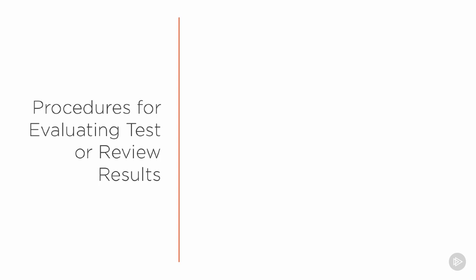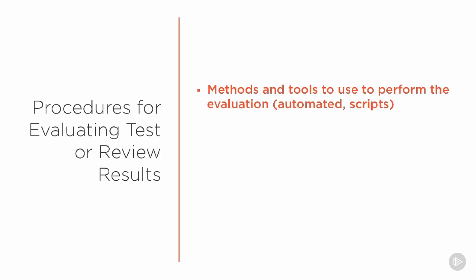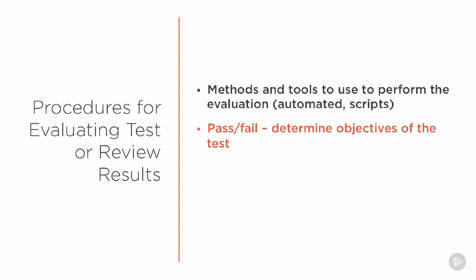The procedures for evaluating the test or reviewing the results would be that we look at the methods and the tools used in the actual gathering of the information and testing the system. These could be automated tools or, in some cases, scripts that we have access to that we can run on the system.